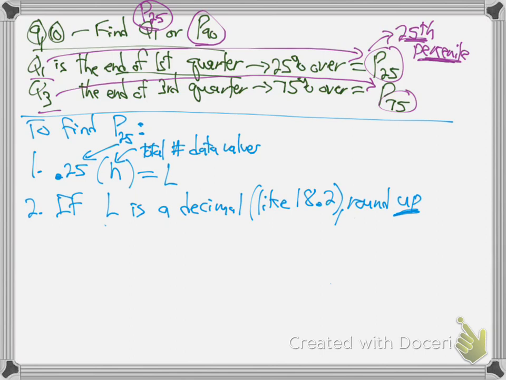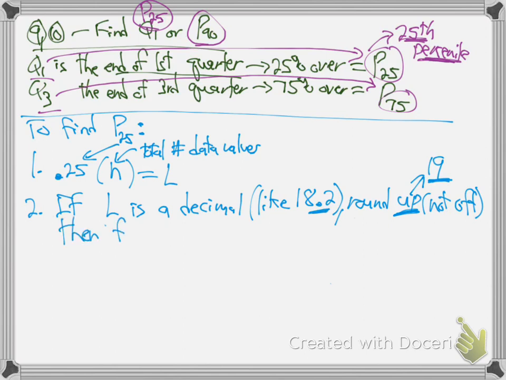Now I mean up, I don't mean off. So up would go to 19. I'm not talking about rounding off. I'm not saying round it to the closest number. I'm saying round it up. So 18.2 actually goes up to 19.